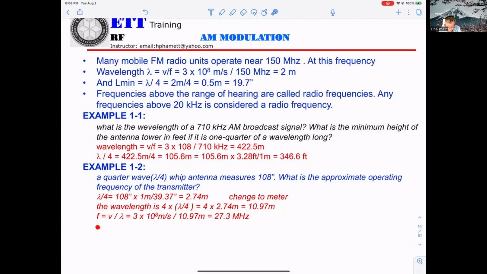And the frequency will be equal to 27.3 megahertz. That means in this example, they just try to calculate the approximate frequency of the transmitter.